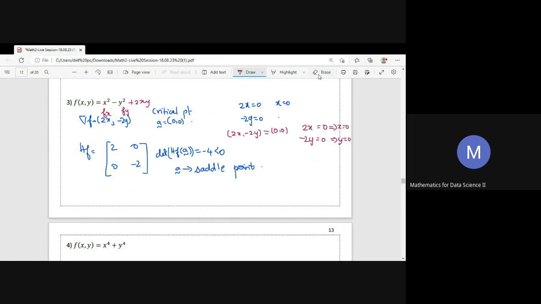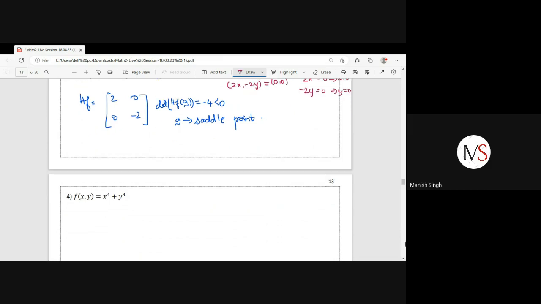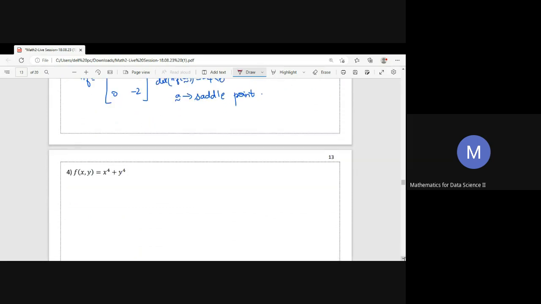Is it possible that there could be more than one critical point? Of course, there can be several critical points. We will see examples next. Even in the one variable case, you have several critical points, so you can expect the same here as well.